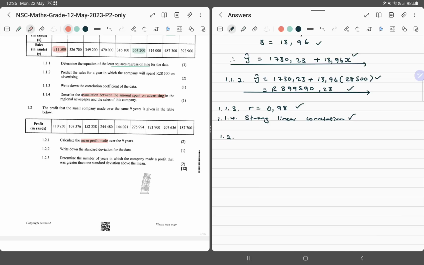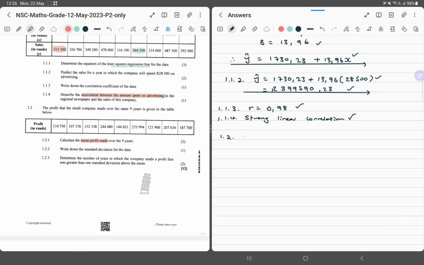So here again we go to shift, stat. This time we go to option 4, which is VAR. Okay, now we want the mean, so that is option 2. And then we get an answer, so that is that x bar.